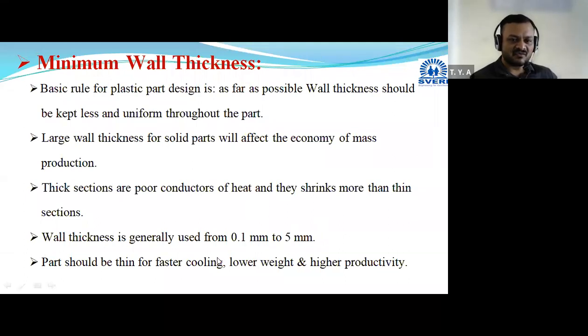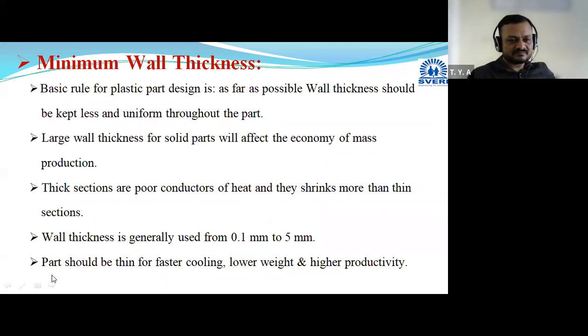And wall thickness is 0.1 to 5 mm. I think I have written 0.5 to 5, so please modify it to 0.1 to 5 millimeter.